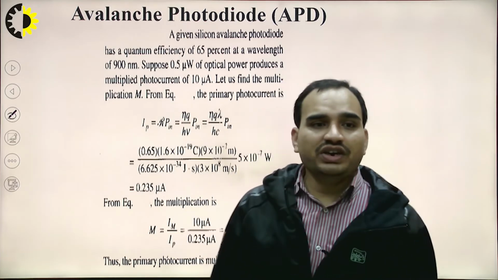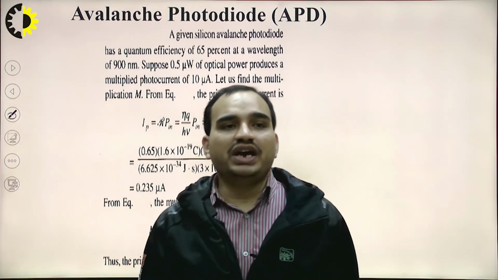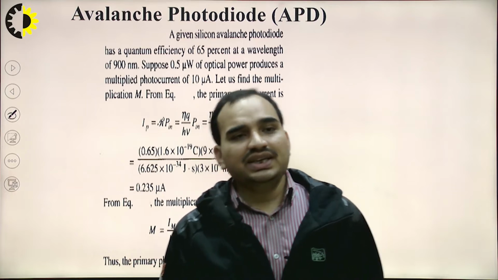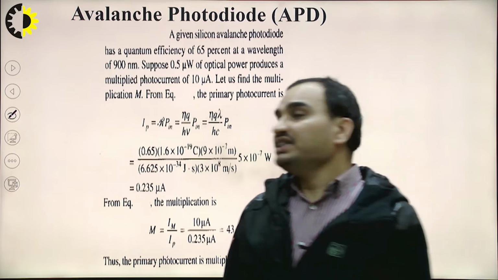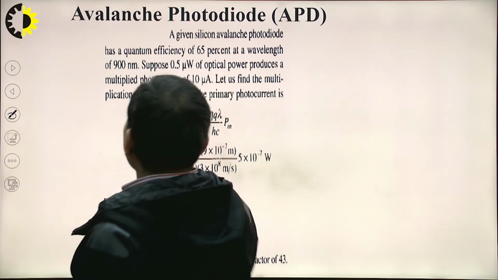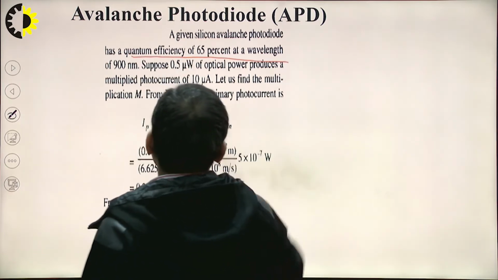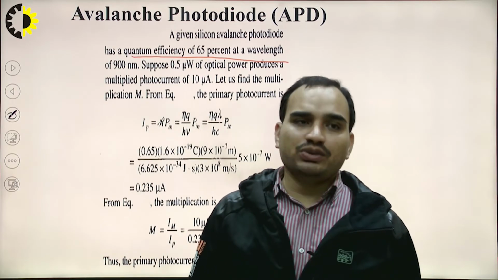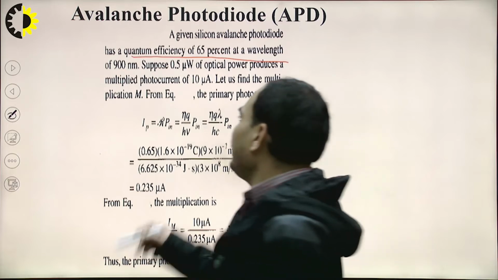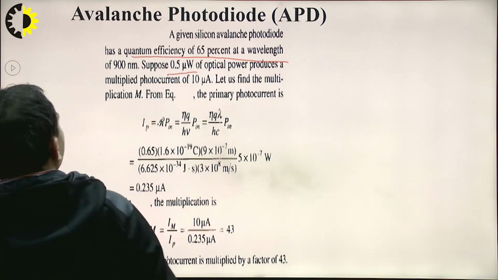So, let's solve one numerical based on the avalanche photodiode, the responsivity and the multiplication factor. Given a silicon avalanche photodiode has a quantum efficiency of 65% at a wavelength of 900 nanometers. Suppose we are having 0.5 micrometer of the optical power.